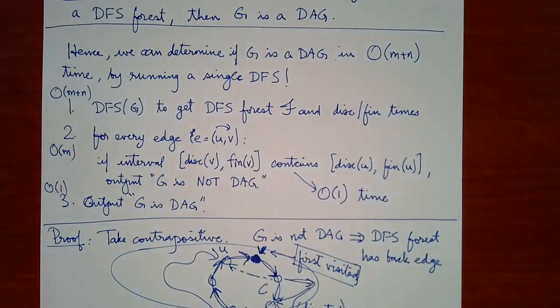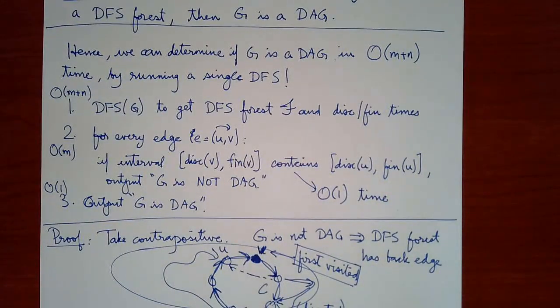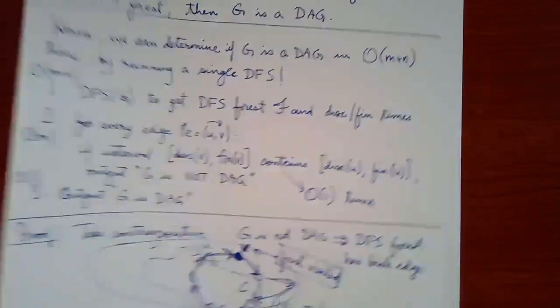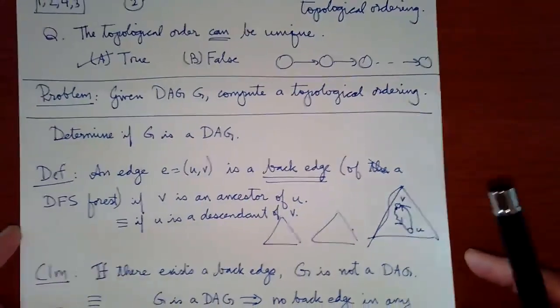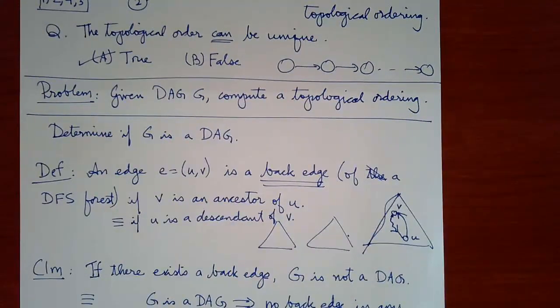So we've resolved the first problem. We have resolved the problem of determining if a graph is a DAG. What we need to do now is to solve the second problem, which is, given a DAG, compute a topological ordering.